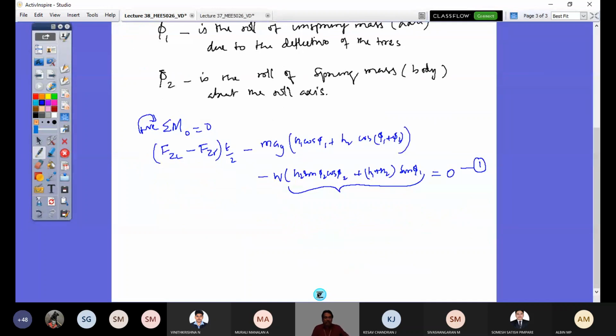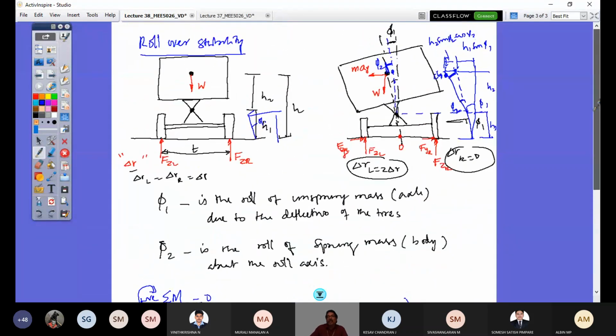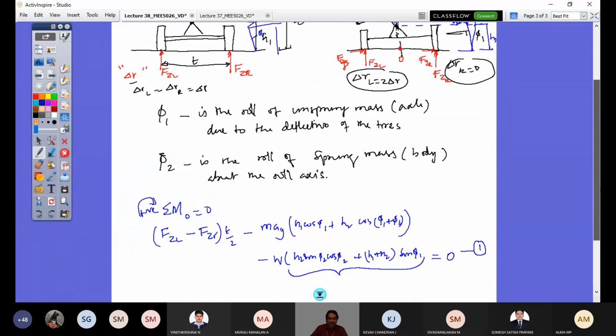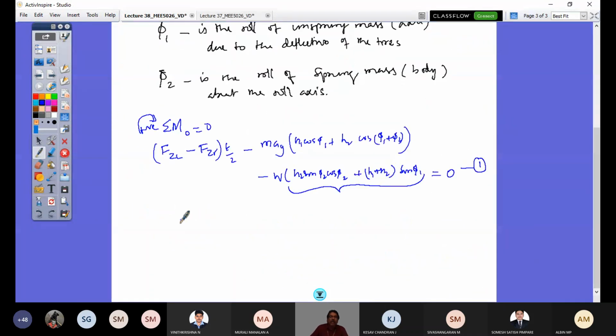So this is equation number 1. Though I have drawn the angles phi 1, phi 2 slightly exaggerated to understand the phenomenon, they are very small angles. Phi 1 and phi 2 are very small angles.